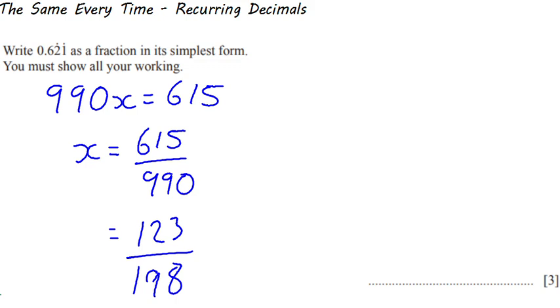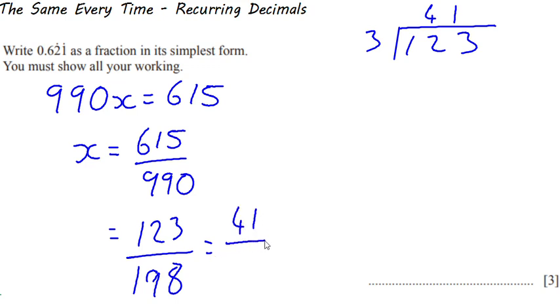So 123 divided by 3. I'll write this up. I'm doing this all non-calculator. 123 divided by 3. 3's into 12 is 4. 3's into 3 is 1. So that's going to give me 41. 41 at the top there.